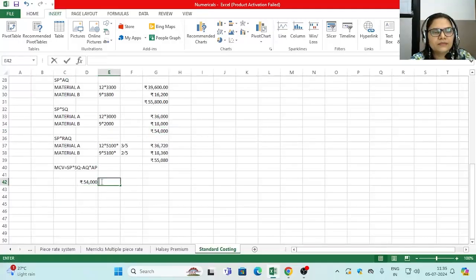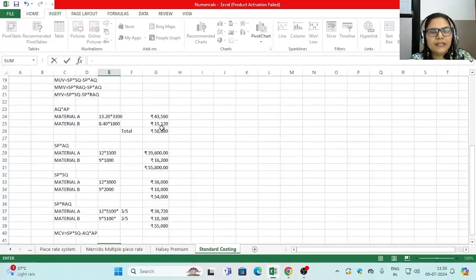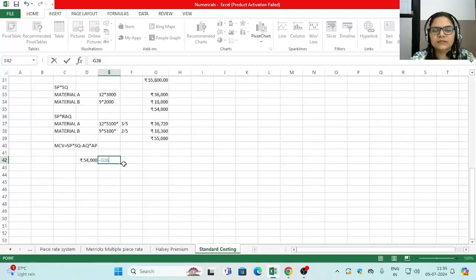Then minus actual quantity into actual price we have calculated over here. Again there is certain typing mistake.